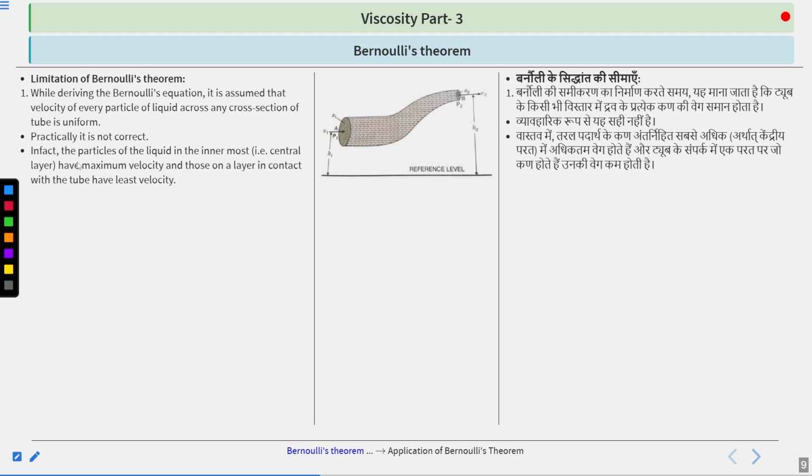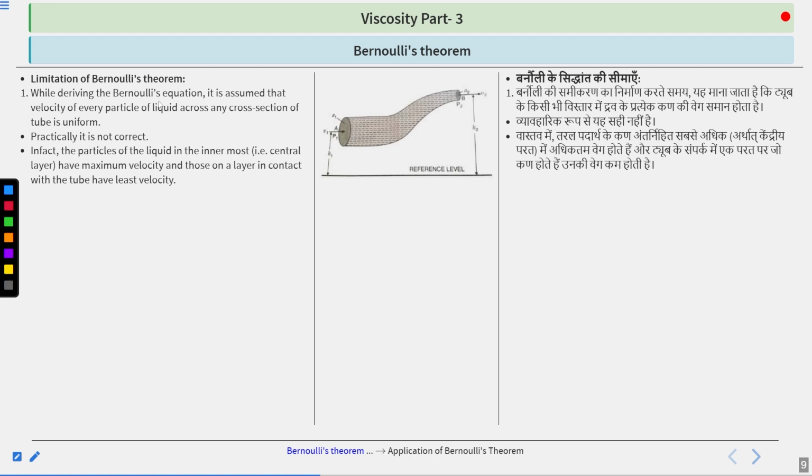Even we had seen a picture where the arrows showed the direction of the flow and velocity. The middle arrow was high, and the uppermost and lowermost arrows were low, to indicate the least velocities.